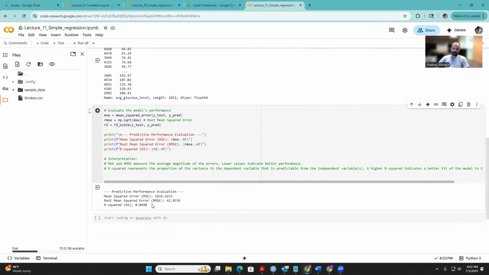A higher value of R squared is considered a good model, and a smaller value of root mean squared error is considered a good model. So we can compare models using these performance measures, and we will discuss multiple linear regression in our next session. Thank you.